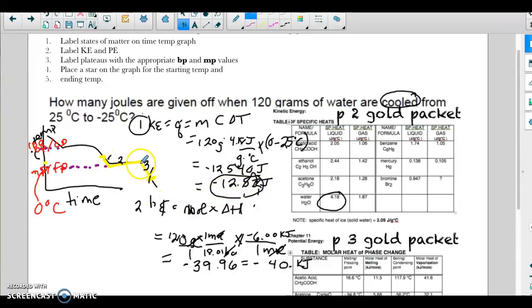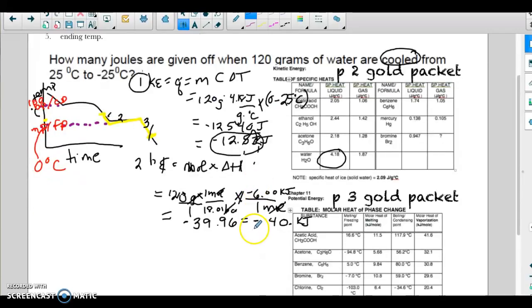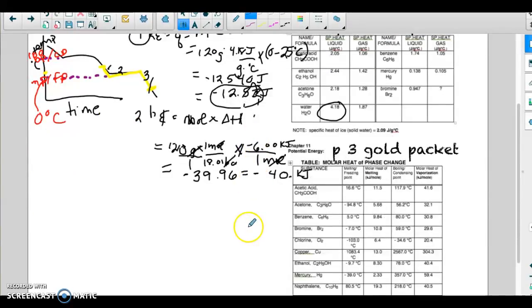This portion here, the plateau, we're going to calculate the potential energy change, taking the grams, converting to moles, and then multiplying by the heat of fusion or freezing. And that value is on our packet, and it's going to be negative because it's going to be an exothermic process. So those are the first two.